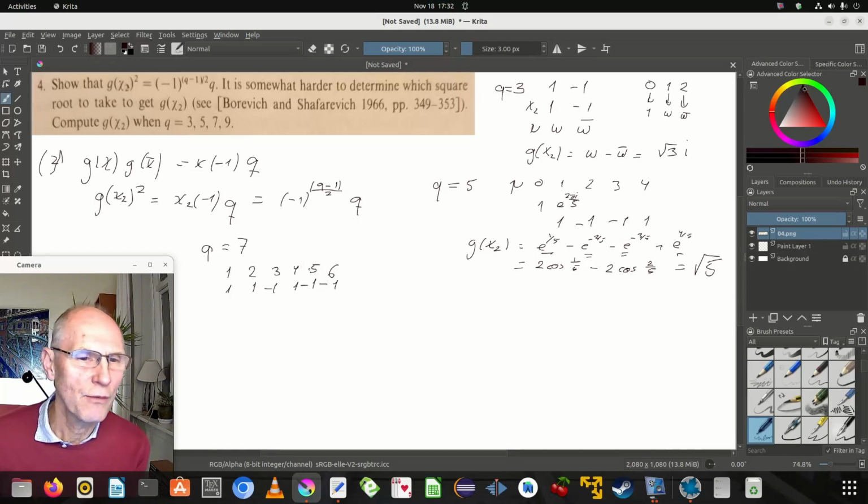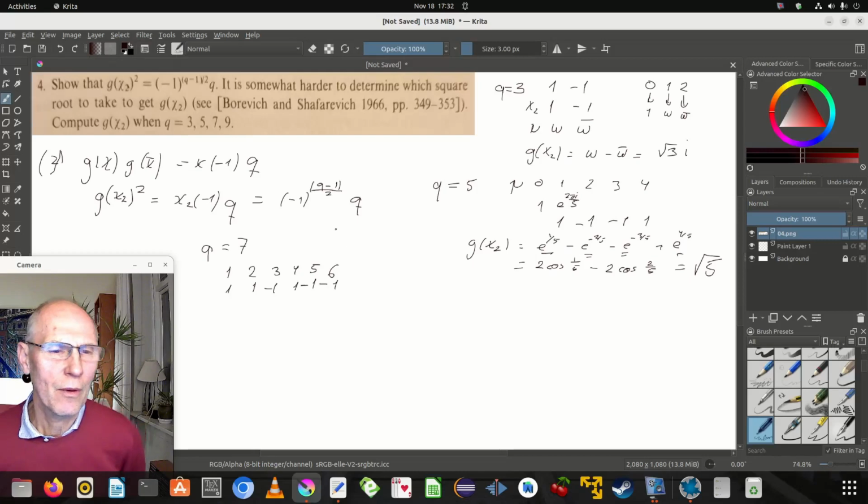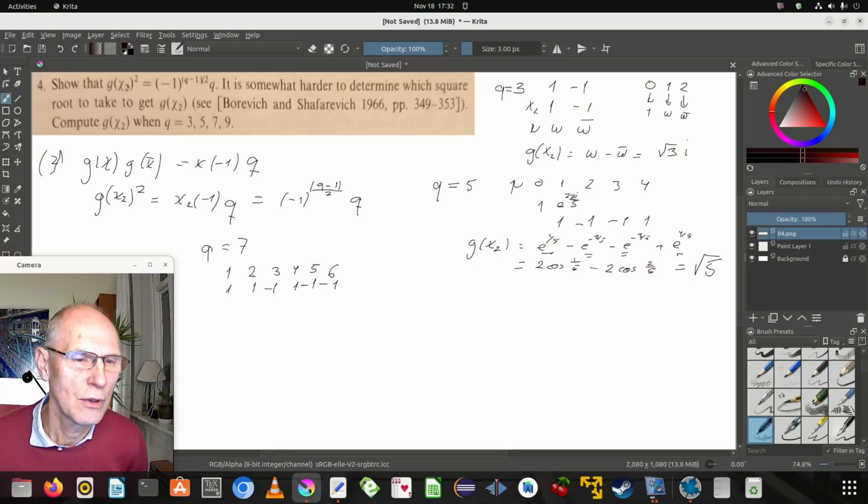I'm really surprised here. 5 squared gives 25, that's 4. All right. 4 squared gives 16, that's 2. And 2 times 4 gives unity. All right. So that was chi 2.